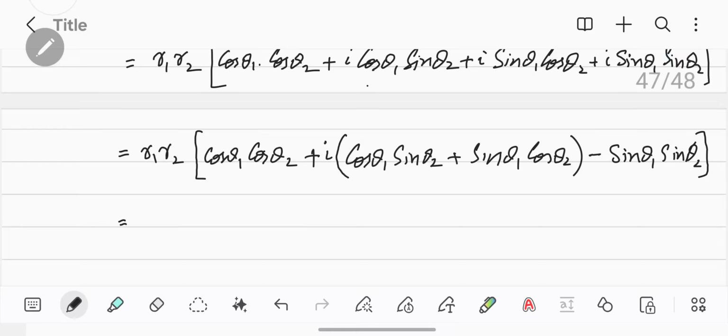Now we will first write the real part and then we will write the imaginary part. R1, R2, real part without i. This number is without i, this number is without i.